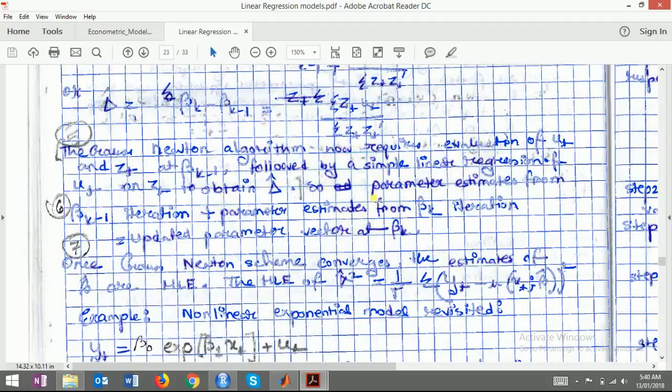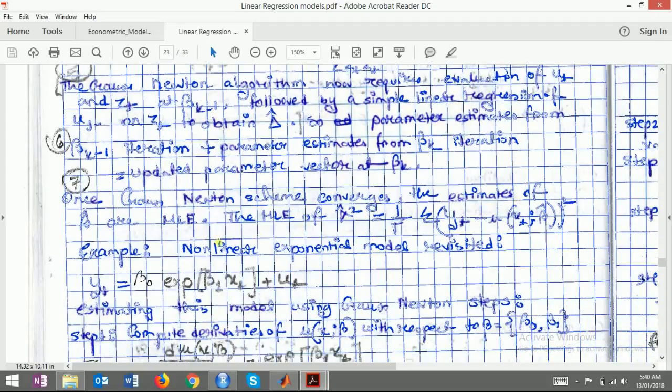Then we need to find ut and zt, probably with OLS, to find delta hat, and then we use delta hat to update beta k minus 1. Once the Gauss-Newton scheme converges, the estimates of beta hat are maximum likelihood estimates. The maximum likelihood estimate of sigma hat square equals 1 by T summation of yt minus mu xt beta, whole square.